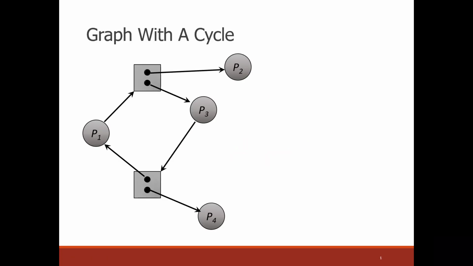Let's take a look at another example. Here we have two resources, each with 2 instances, and we have 4 processes. Is there a deadlock here? Take a second and look. You may see that there's a cycle, including P3 and P4, P3 and P1, but that does not necessarily mean there's deadlock.